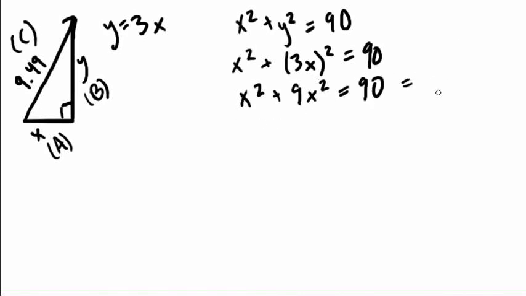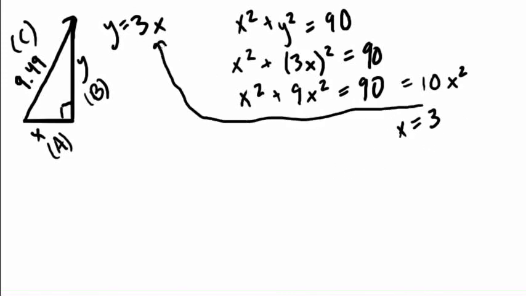And add our like terms together, we'll get 10x squared. And if we solve for x, 90 divided by 10 is 9. And the square root of 9 is 3. So x must be equal to 3. And if I take this and plug it back in here, 3 times 3 is 9.